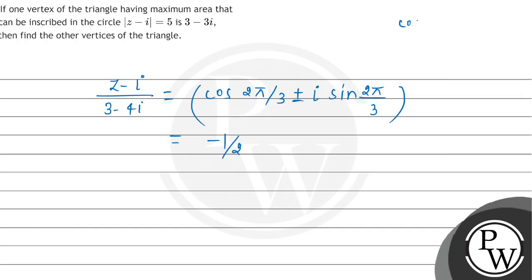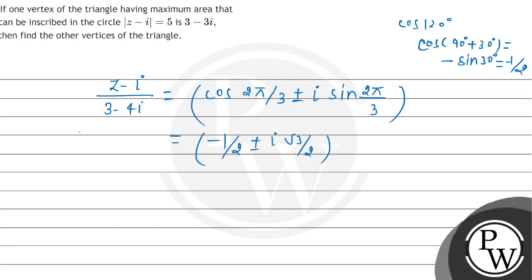Here we'll find cos 120 degrees. This lies in the second quadrant, so we can write cos(90 + 30), which is -sin 30, and the value is -1/2. Similarly we can calculate sin 2π/3, which will be √3/2.